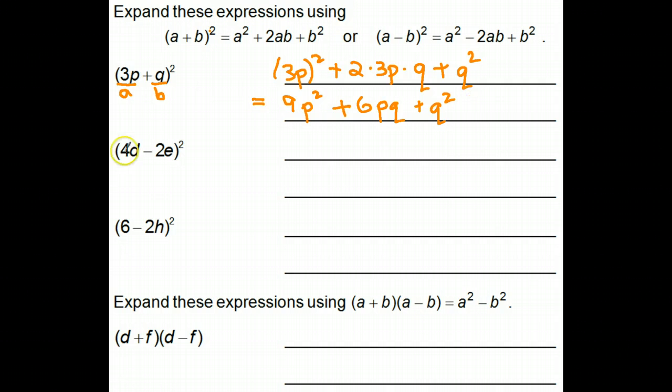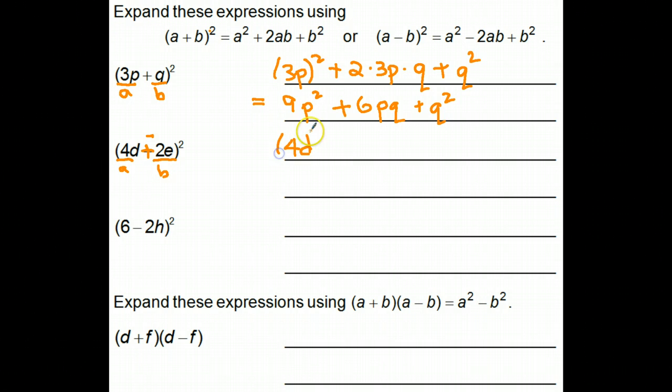Okay, on to the second one. Now this one's a subtract, but as we've been doing in class, I'm going to change the subtract to add the negative. So I always use this particular version of the perfect squares, and I won't be using that one. Okay, once again, identify a and b. 4d is a, so I need a squared.